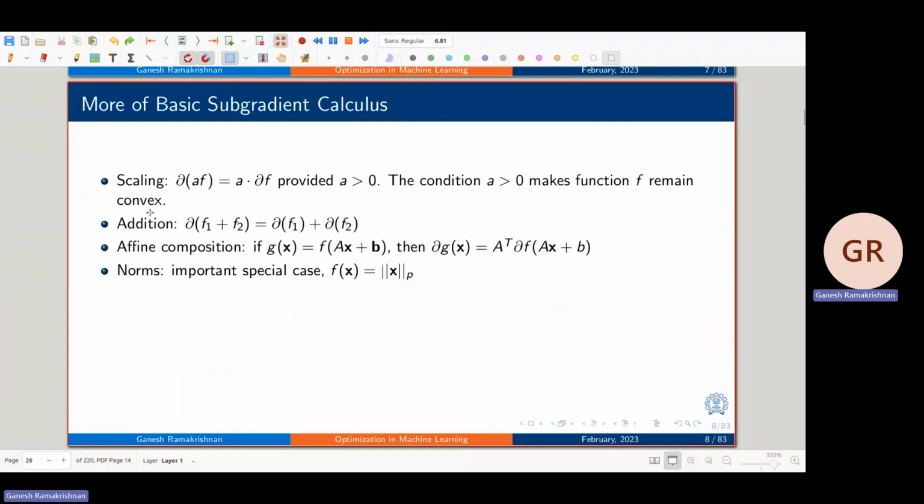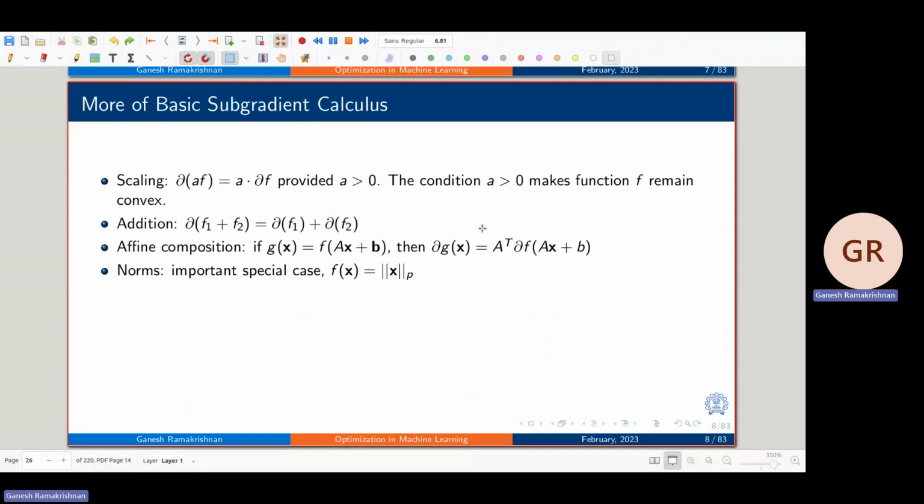Okay, so look at this. If g of x is f of Ax plus b, then the subdifferential of g at x, the A will come out with a transpose. If there's an Ax, it will come out with a transpose outside. So whatever the multiplicand matrix is inside, it will come out with a transpose.